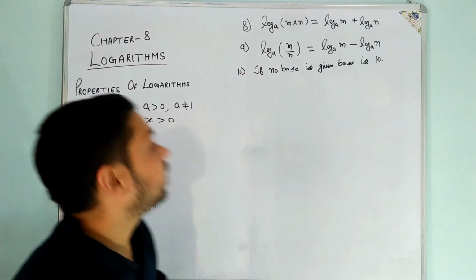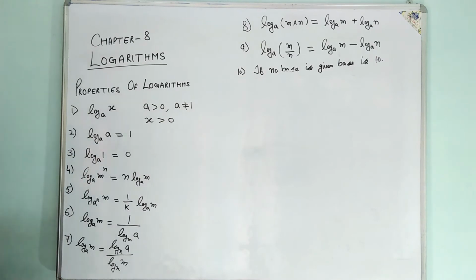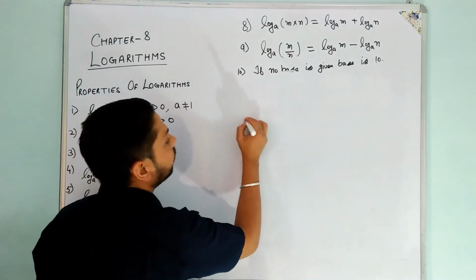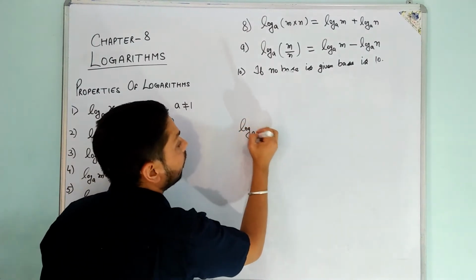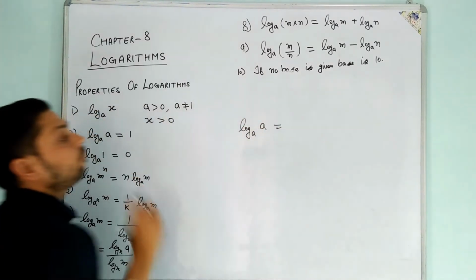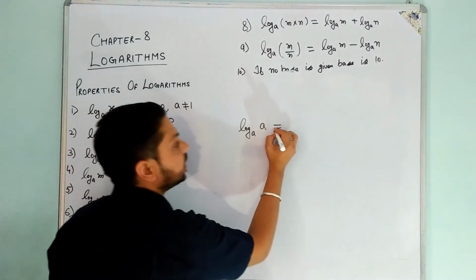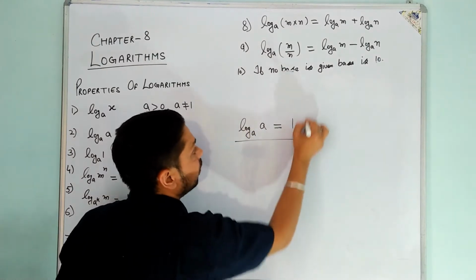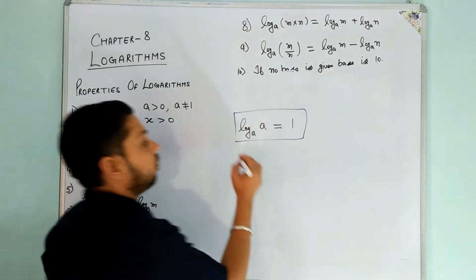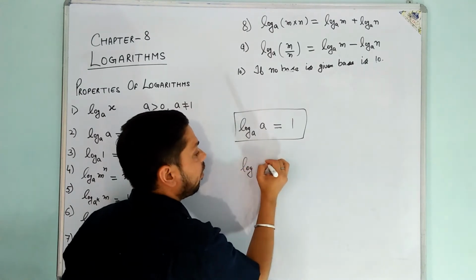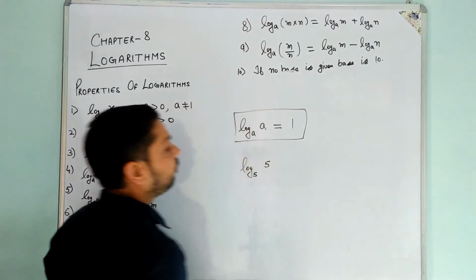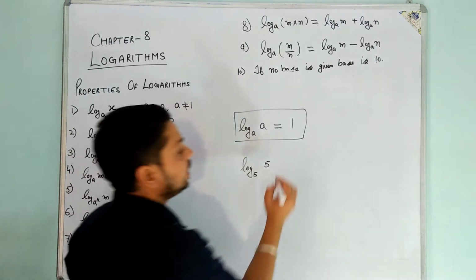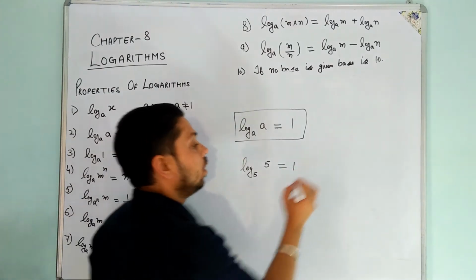Okay. Now starting with the next property here. Next property is log of a with the same base. Log of a with base a is always equal to 1. For example, we have log of 5 with base 5. This is equal to 1. How?